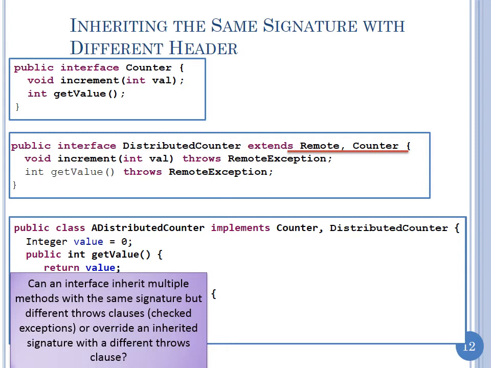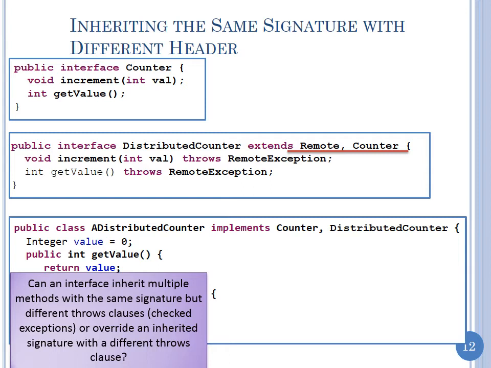Different headers meaning two different throws clauses, that's what it really means for interfaces. Okay? So can it do that? And relatedly, can it override a header that it has inherited? By overriding, I mean that you have a header with the same signature but different throws clause.